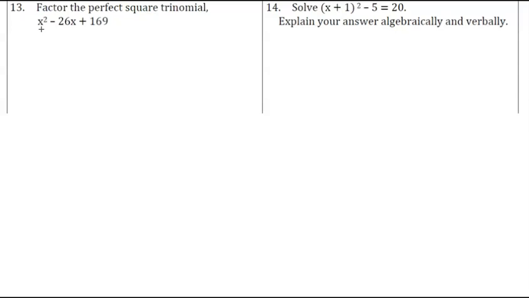Number 13. Factor the perfect square trinomial x squared minus 26x plus 169. A is just 1 here, and we have B is negative 26, and C is 169. Now this is a perfect square, so basically the square root of 169 is 13.